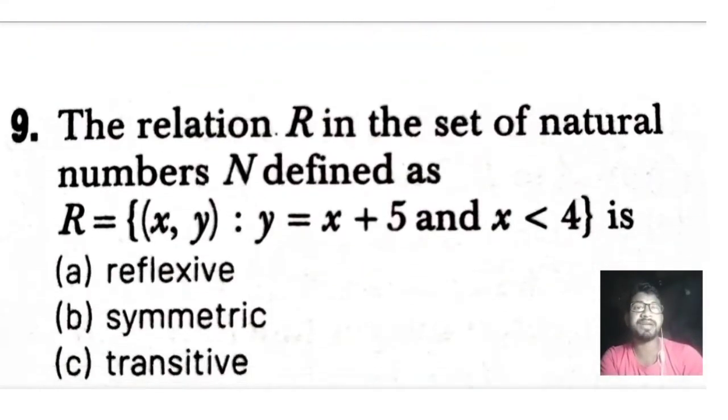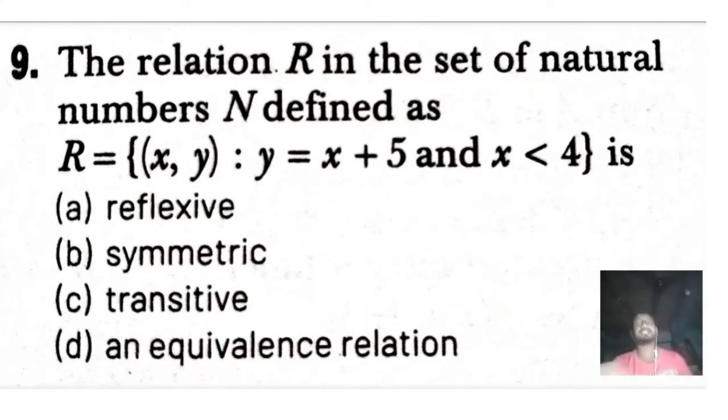In question number 9. The relation R in the set of natural numbers N is defined as R equal to (x, y) such that y is equal to x plus 5 and x less than 4. We have to check again.